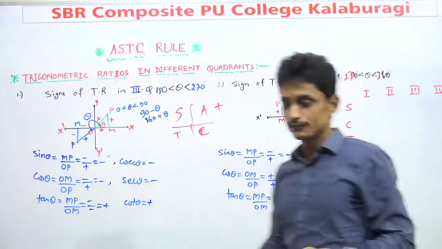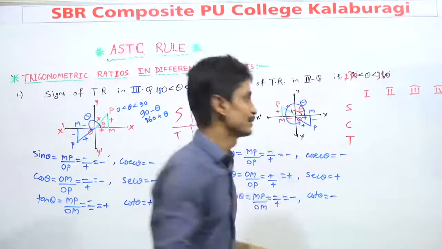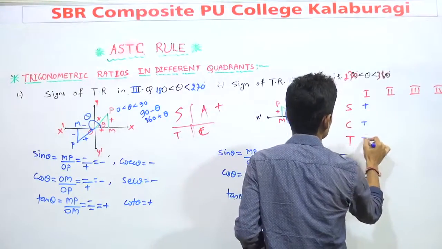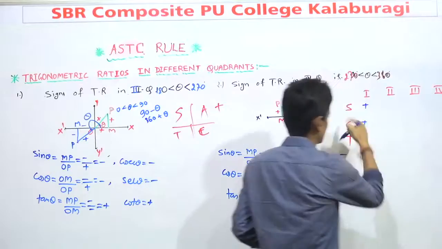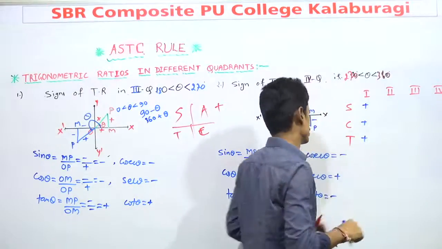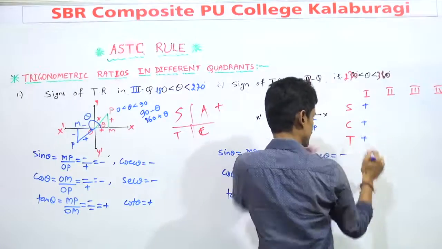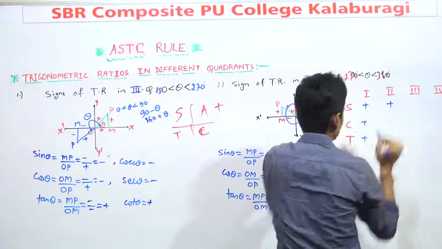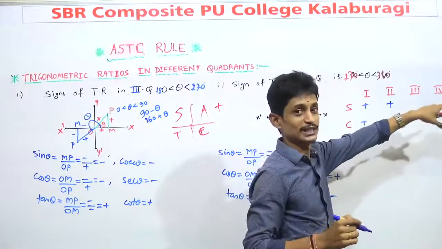Tell me, in the first quadrant, what ratios will be positive? All ratios are positive. Sine, cos, tan, cosecant, secant, cot, all six ratios are positive. In the second quadrant, only sine will be positive as well as cosecant.